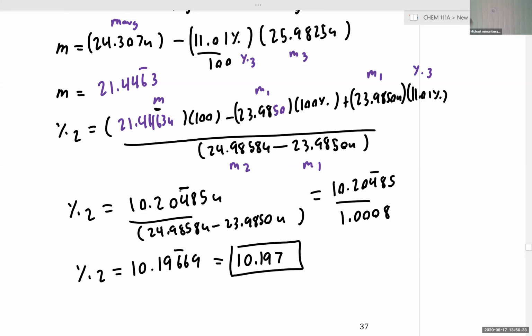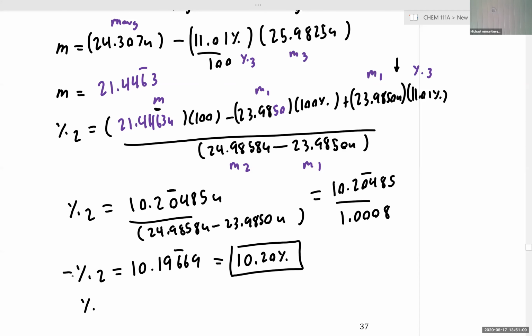One correction, this number here has 2 decimal places. So we'd only care about 2 decimal places, which would mean our answer would be rounded to 4 sig figs, which would be 10.20%. Don't worry a ton about the sig fig rules for these super complicated multi-step calculations. Just understand the theory behind how to apply this equation, how to execute on these calculations, and how to report your final result.